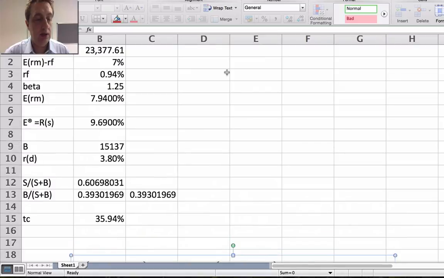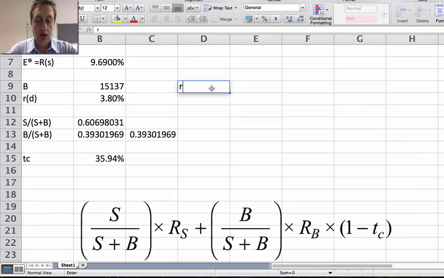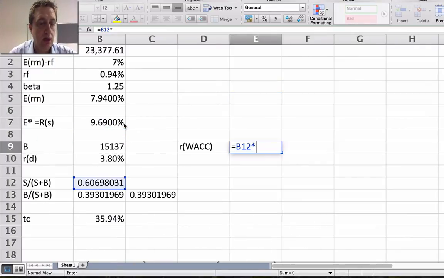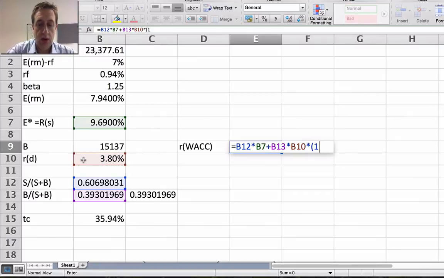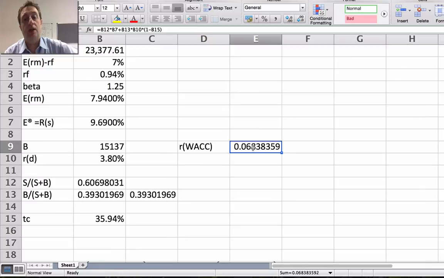So we've got S divided by S plus B. So our WACC is equal to the weight of the equity times the return on the equity, which is up here, plus the weight of the debt times the return on the debt times 1 minus the effective tax rate. So you've got a weighted average cost of capital of 6.83%.